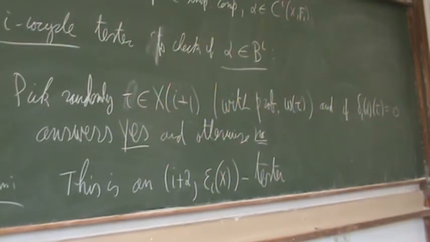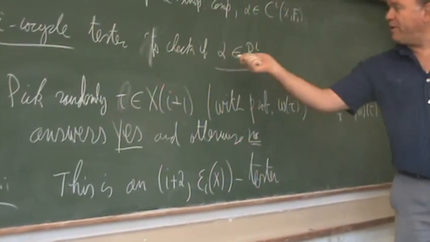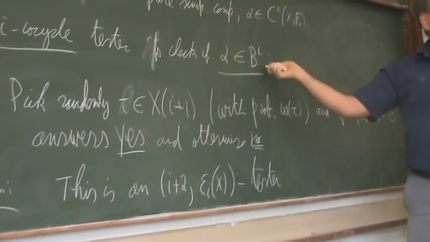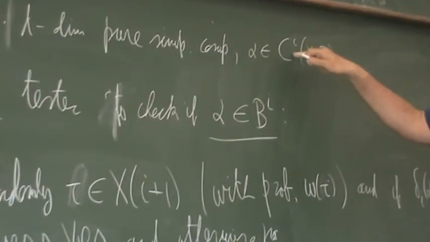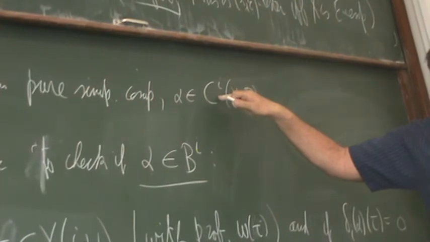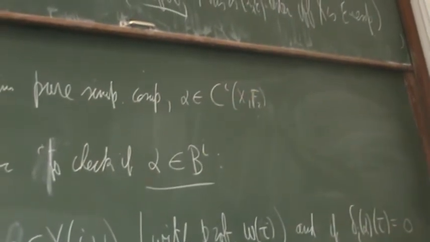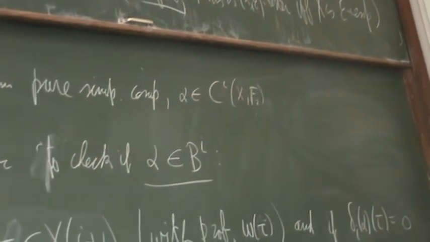Namely, I want to check if an element alpha is in BI. I'm giving an element in CI, so I'm giving a co-chain. So in this case, checking if it's in BI is precisely checking if it's constant, right?